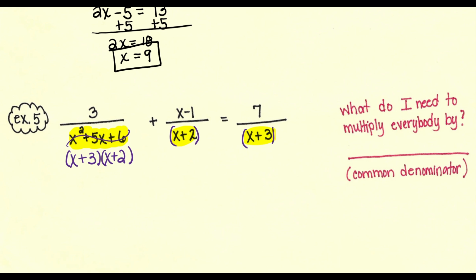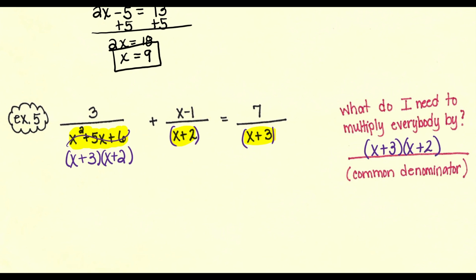So remember, you've got to pick a denominator that can accommodate each of those individual denominators. So that means I'm going to have to be able to handle x plus 3's and x plus 2's.